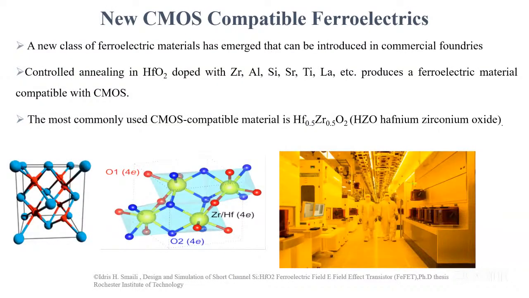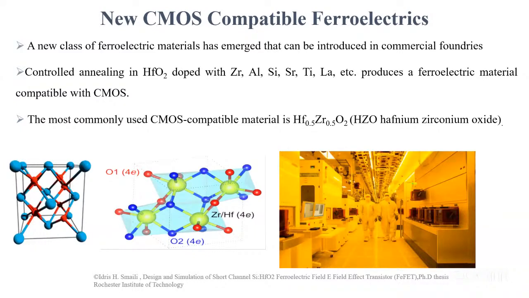So one of the advantages of ferroelectric materials is also that they are now CMOS compatible. When people started to use HfO2, hafnium oxide, in high-K metal gate devices, or HKMG, in 2008, they tried to introduce impurities like zirconium, aluminum, silicon, strontium, titanium inside the material, and then that became ferroelectric.